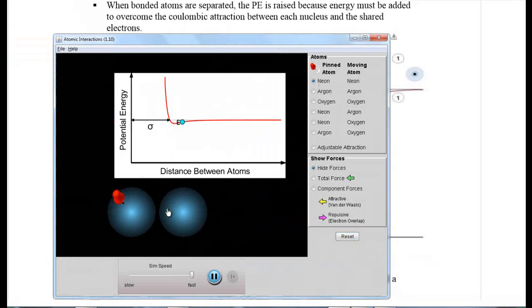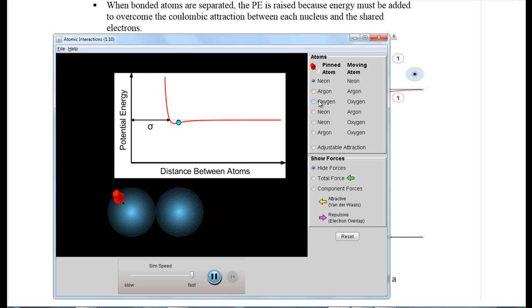The atoms are attracted slightly, and it's all Coulombic attraction. So the electrons from this atom, in this case neon, are attracted to the nucleus of an adjacent neon atom, right? And they want to be where the potential energy is the lowest. So there's not much difference in energy when they come close together. Now, they don't actually bond.